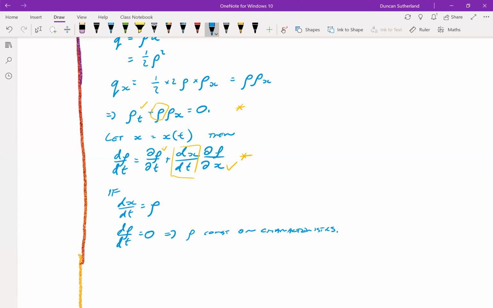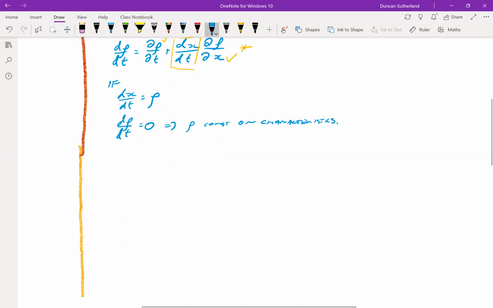So that means that on these characteristics, our initial condition is going to be preserved in some way. So we integrate up, we get rho effectively equals rho naught, which equals 1 for x less than or equal to 0, and 0 for x greater than 0.